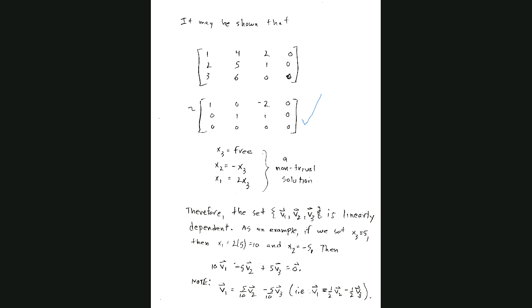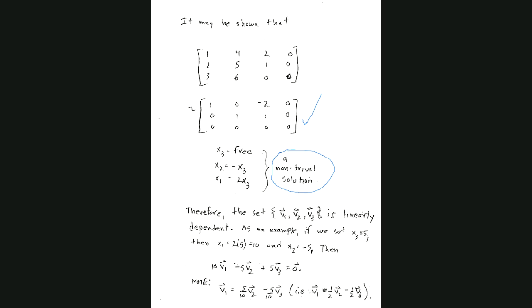All right, and so naturally, we have a free variable, and x2 is negative x3, x1 is 2x3. Well, this is a non-trivial solution. Now, if we set x3 equal to 0, then x2 and x1 will be 0.